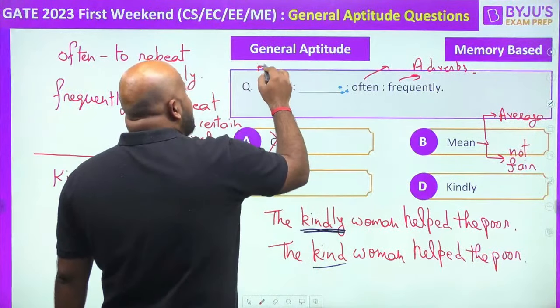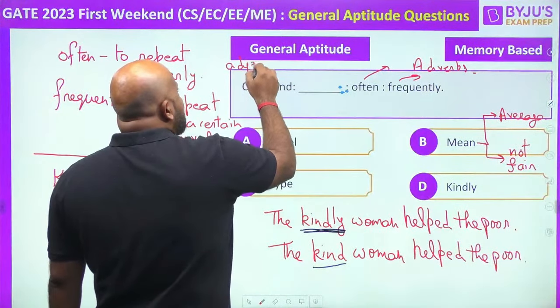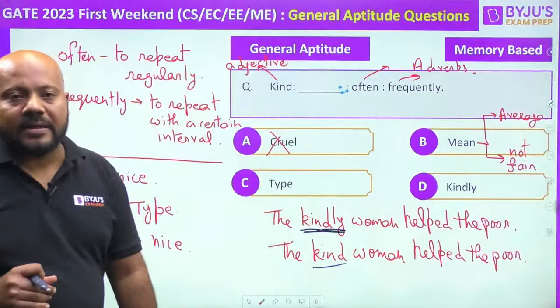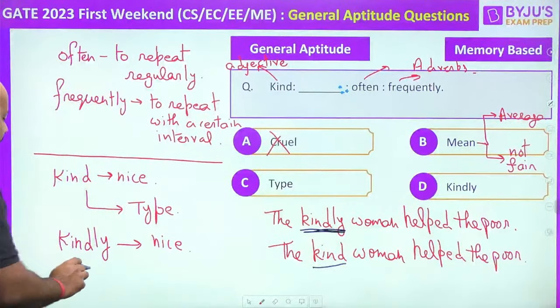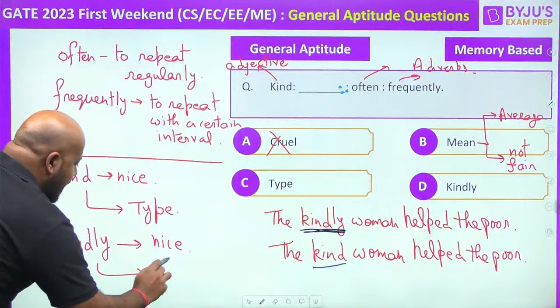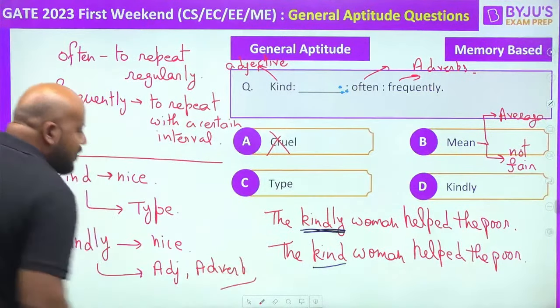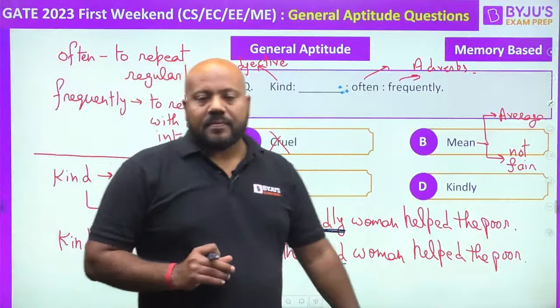Now, kind is used as an adjective, but kindly can be used as an adjective also and as an adverb also. Are you able to follow this?